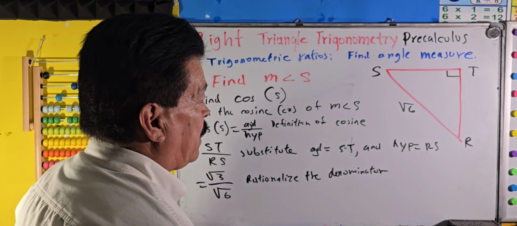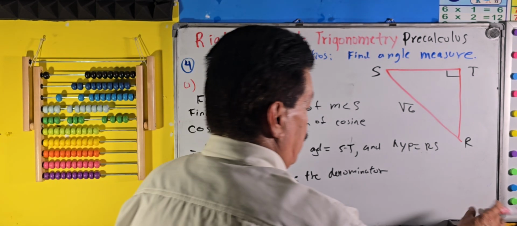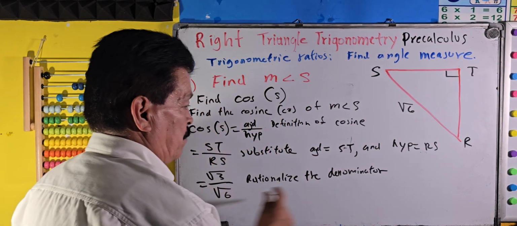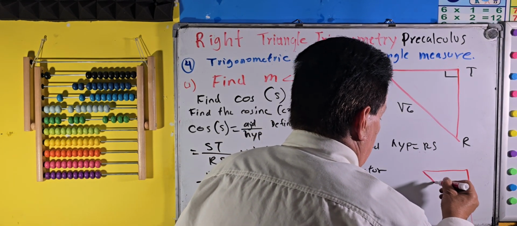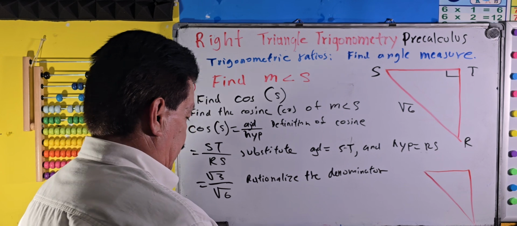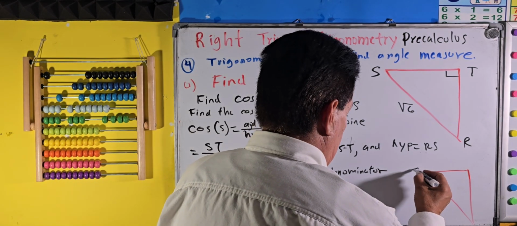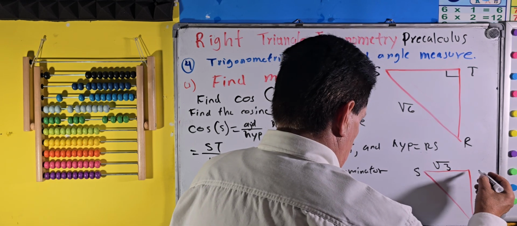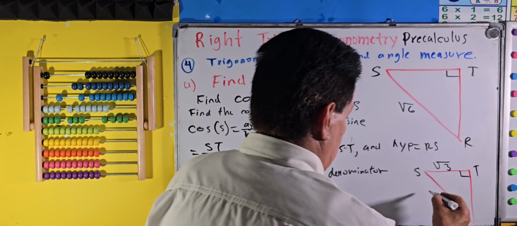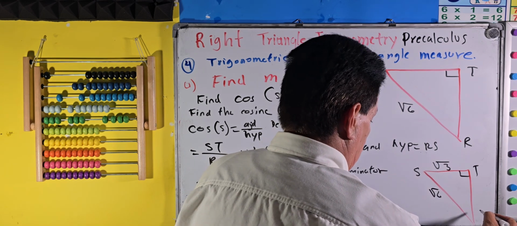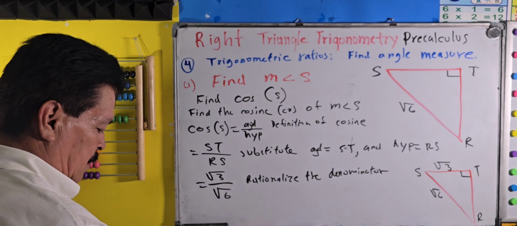Oh yeah, I erased my triangle, but we still have to make a picture of the triangle, because maybe you don't understand why I have this here. Quickly, see? We have S, so square root 3, and then this is the right angle. This is square root 6, and then R. So that's it.